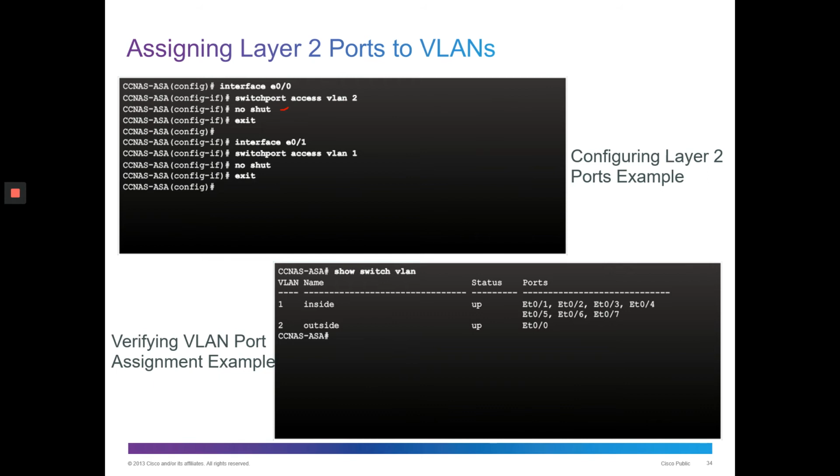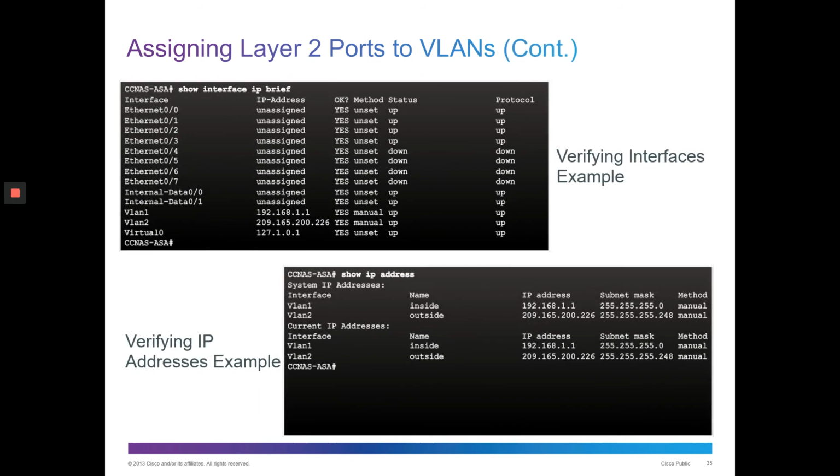And here you can say show switch vlan. Again, this command is different. Do you remember what the command is to see all the VLANs? Anyone? Any guesses? Yeah, it's show vlan. You don't need to have switch here. You can have show vlan, and it will show you the interfaces.